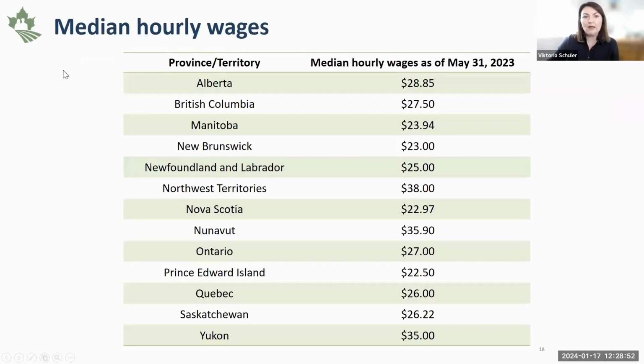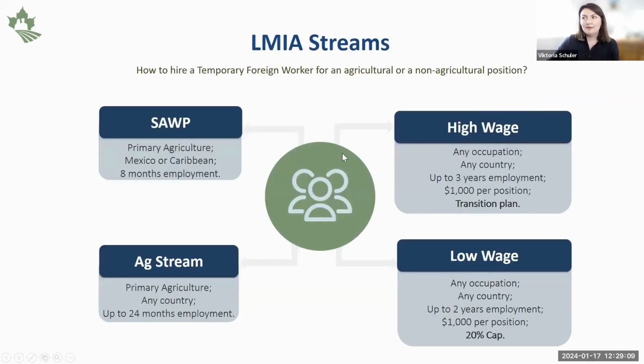We look at the median hourly wage, which is updated in spring, for example Alberta 28.85. If the wage is at or below it, we go to the low wage stream. If it's above, we go to the high wage stream.